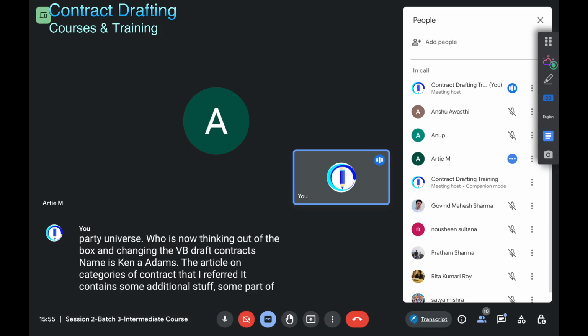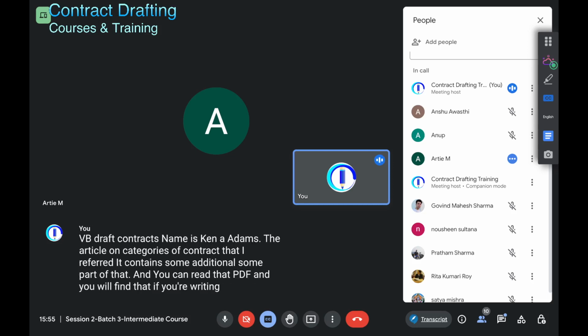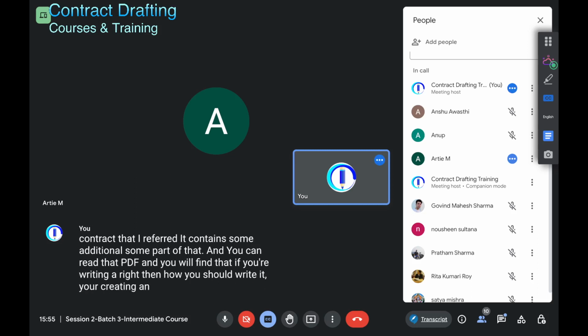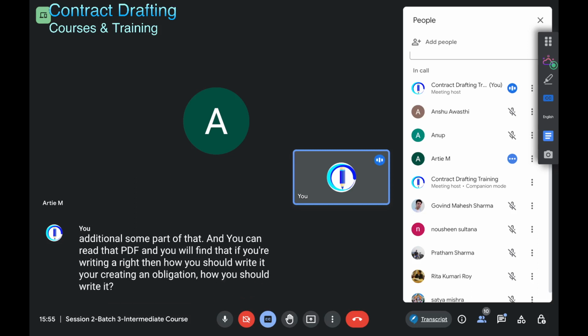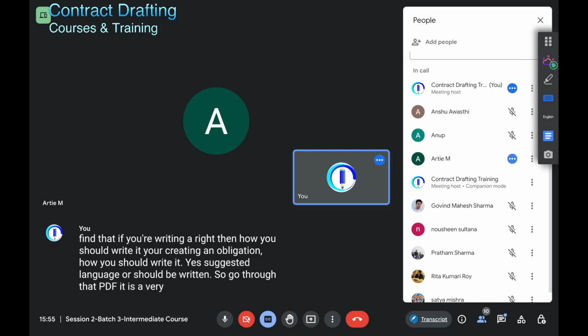You can read that PDF and you will find how you should write it if you are writing a right, and how you should write it if you are creating an obligation. He has suggested the language for how it should be written. So go through that PDF. It is a very helpful one and you can keep it as a reference point.